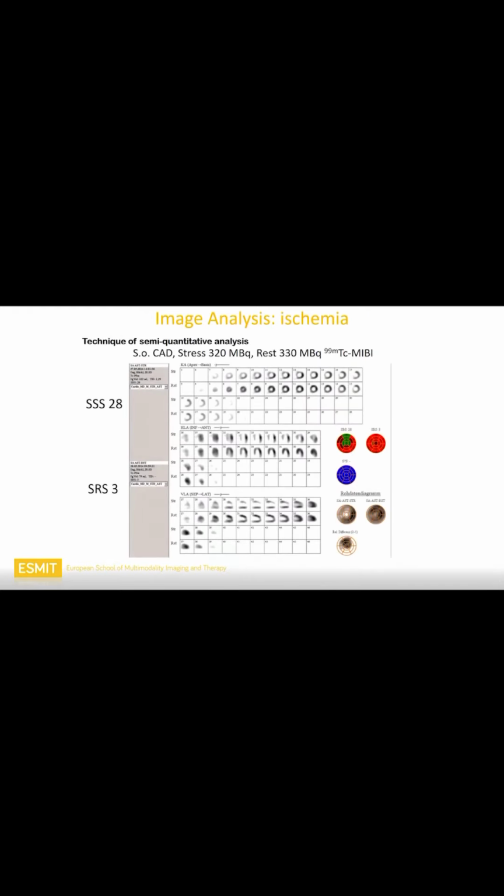In contrast, this patient came for detection of CAD with sestamibi, and you can see on the short axis, but also in the apex, a very severe defect on the stress and rest, which means infarction. So this is a severe patient because the SSS is high, and also the rest is less than the SSS, which means you have infarction and also ischemia. So it's a severe patient, maybe go to the cath lab.